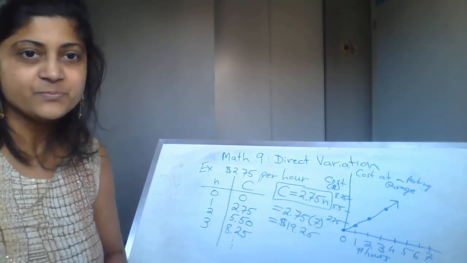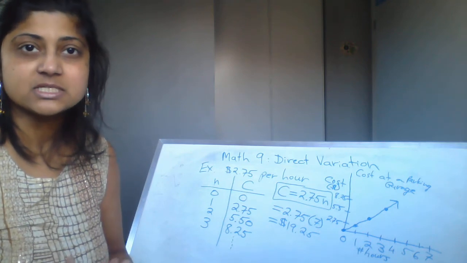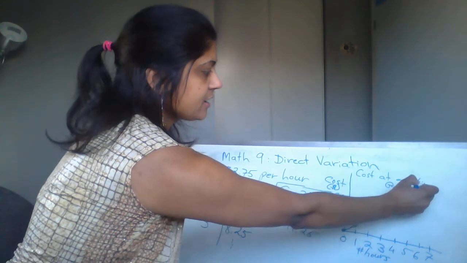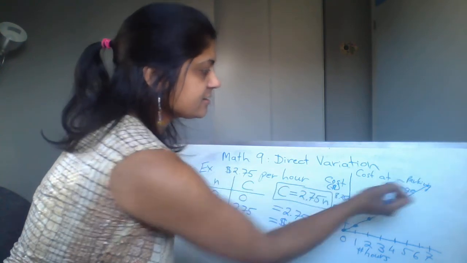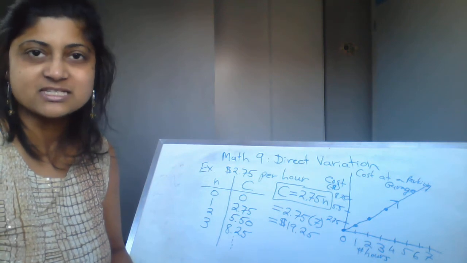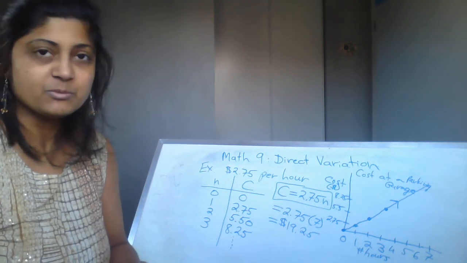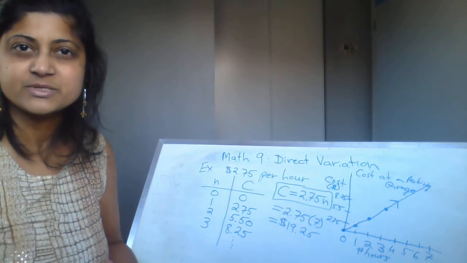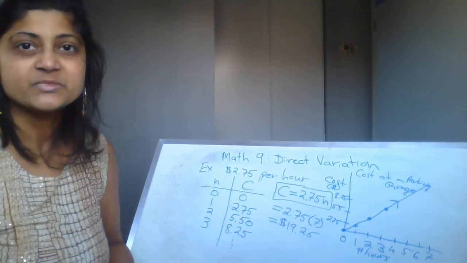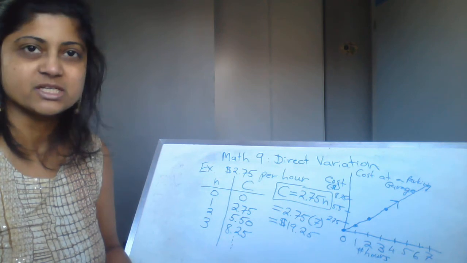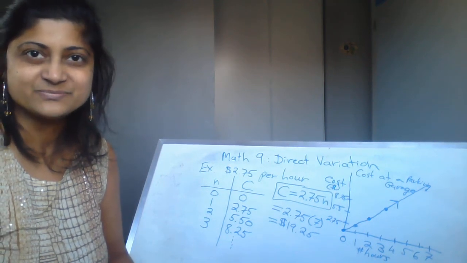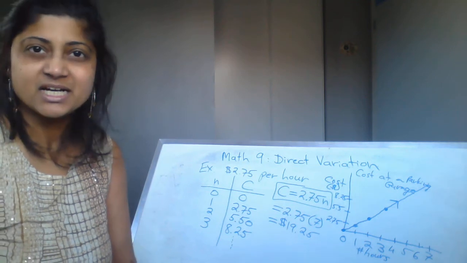What you would do is extend your line using a ruler, and you can see if you extend your line like this, I can still estimate what my answer would be at 7 hours. But one more time, because it's a graphical representation, it won't be very accurate. It's only accurate when you're actually using the equation and plugging it into your calculator. All right, so that looks good.